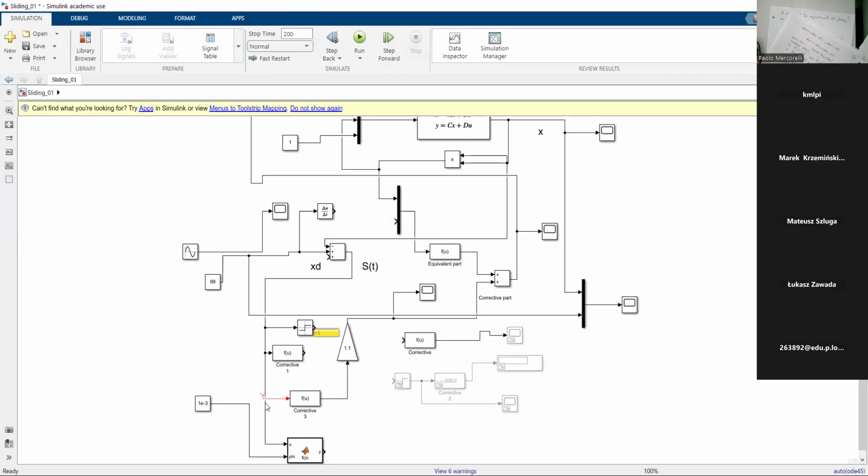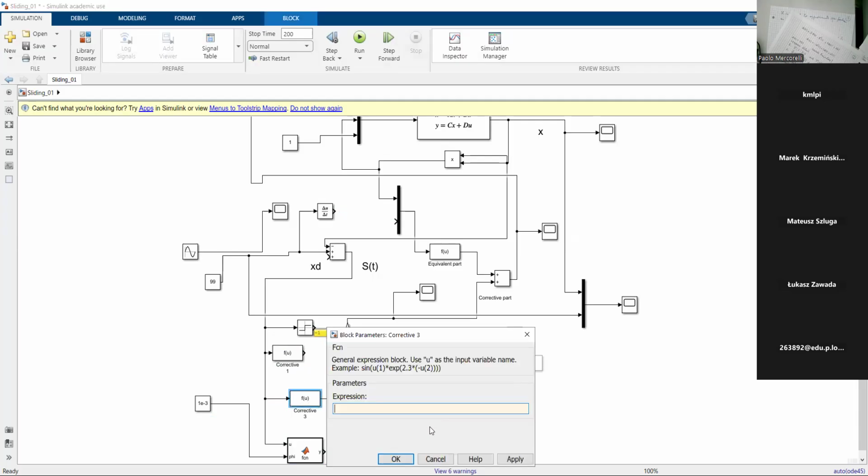Let me go here inside. Let me write hyperbolic tangent. I don't remember the command. Let me see, MATLAB, look for hyperbolic tangent.